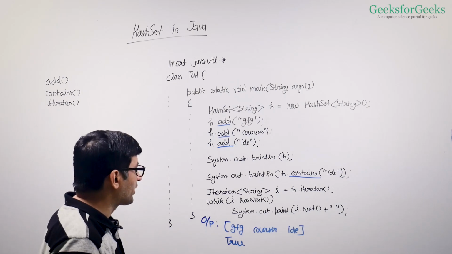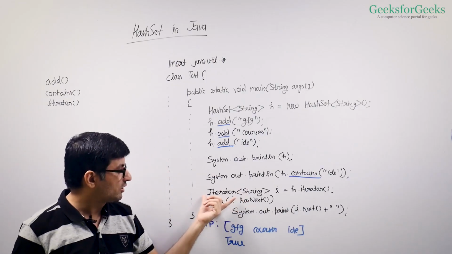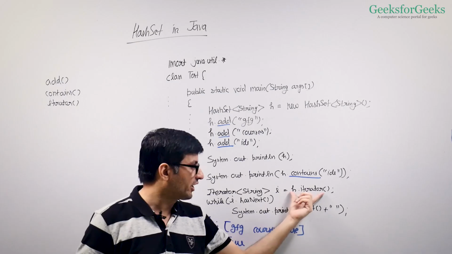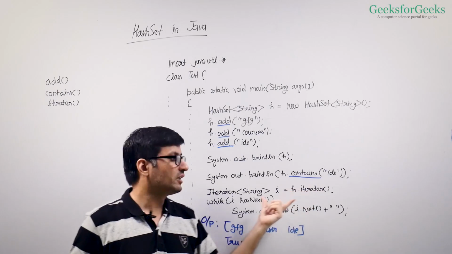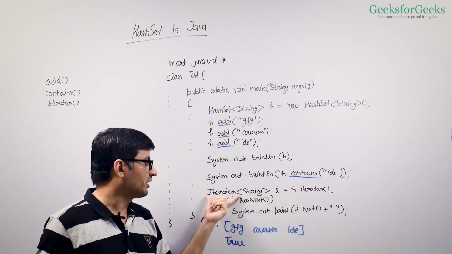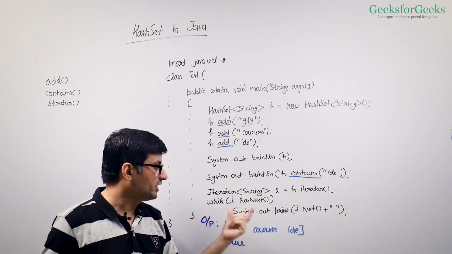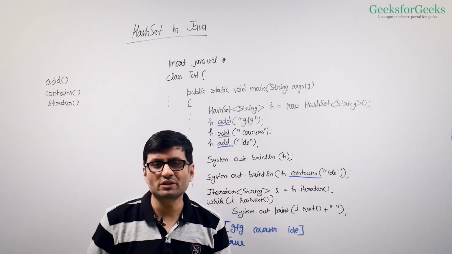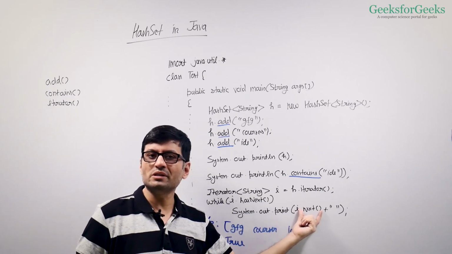Now we iterate through the hash table. We create an instance of an iterator using h.iterator, which returns an iterator to the hash set. It implements the iterator interface. Now we call the standard functions to get the items one by one. We call the next function to print the items one by one.